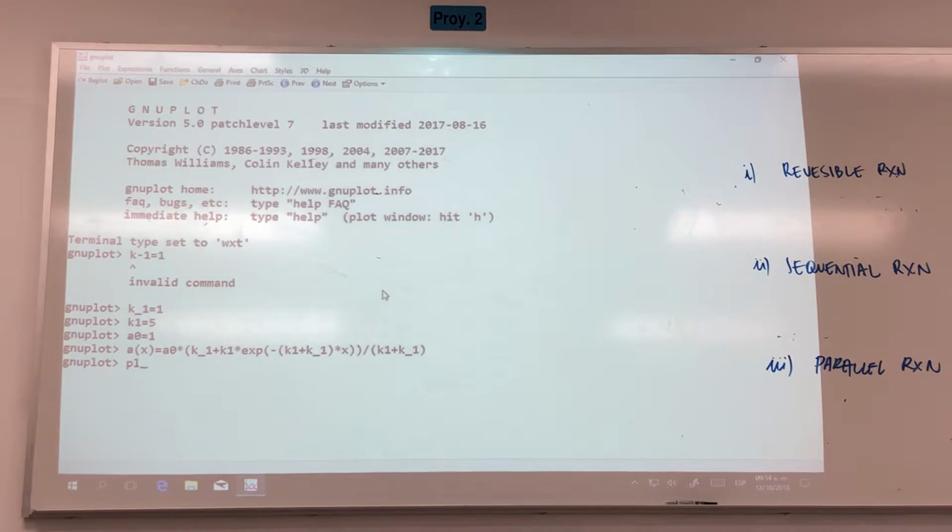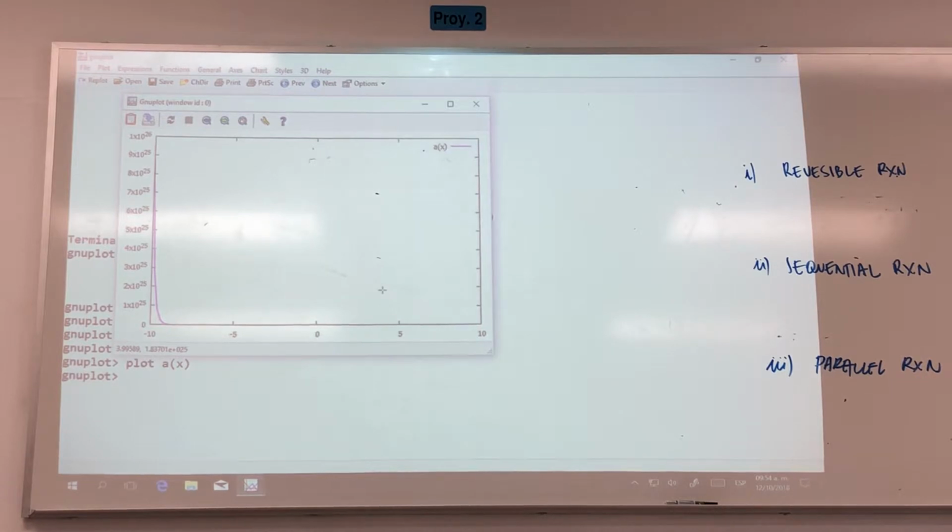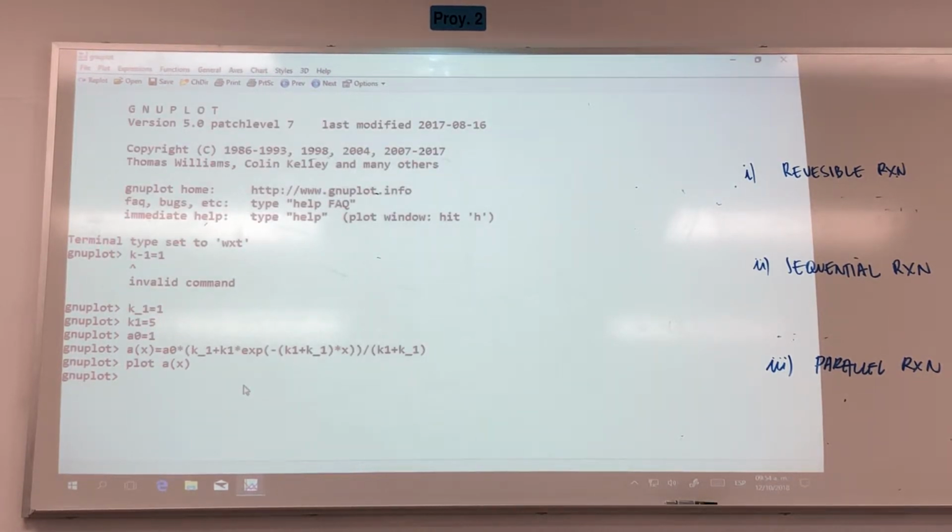So now I do a plot of AX. Something is wrong. K1 plus K minus 1 is in the exponential. Yes.